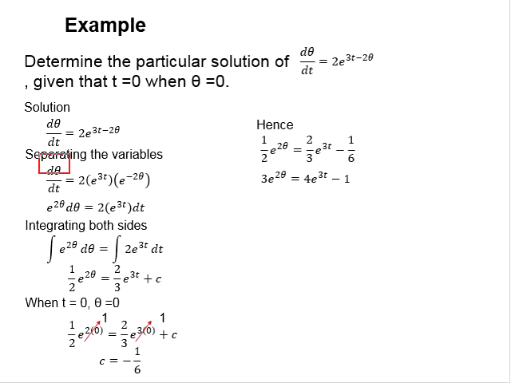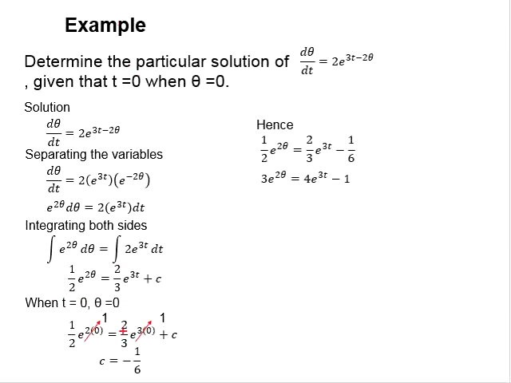Remain the dθ here and dt will be moved to the other side. This will give you these equations. Now the two variables are separated to the left and right. You may integrate both sides. After integrations, you get this.